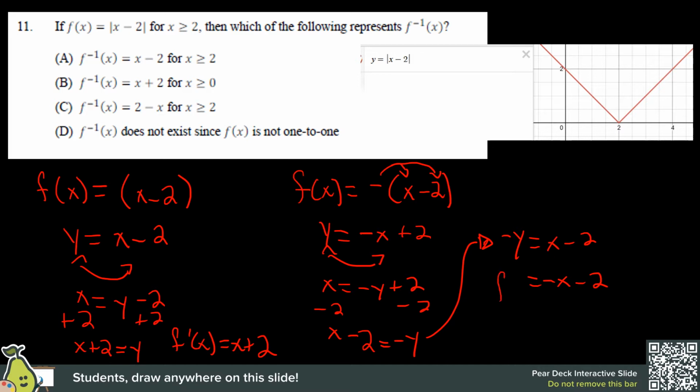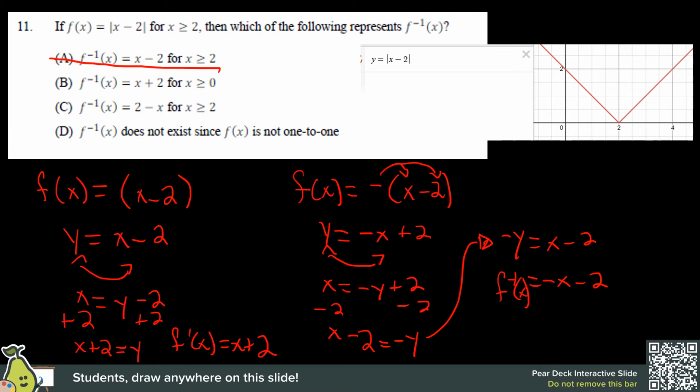our other inverse, f inverse of x. So we have x plus 2 and, well, we have negative x minus 2, right? So we have x plus 2. This first one we can already cross out because we don't have an x minus 2. We have an x plus 2.